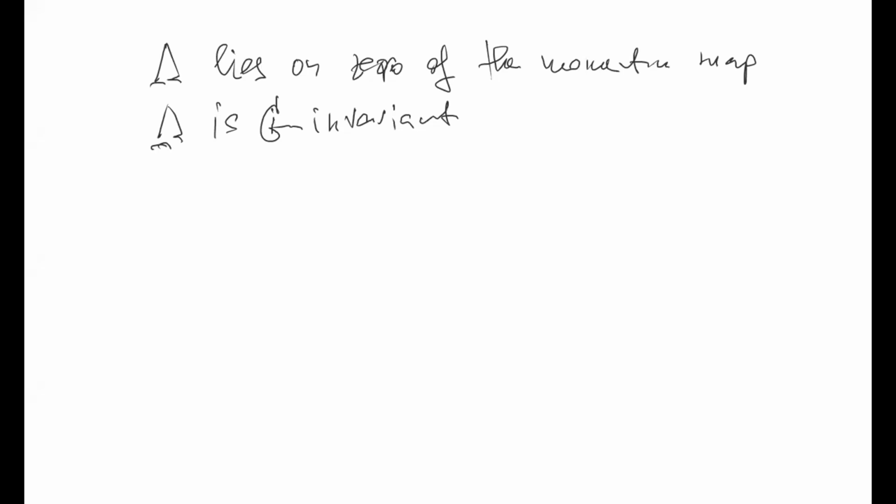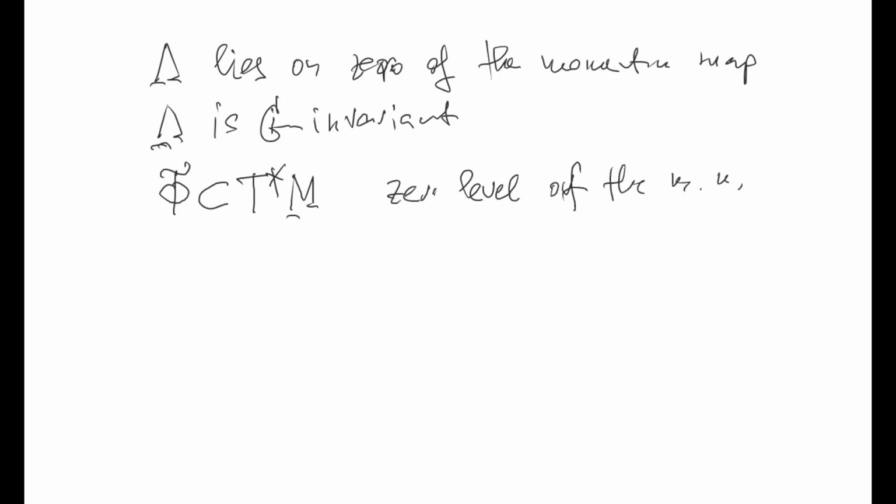Assume that, so let phi in T star M be the zero level of the momentum map, and phi naught the set of weakly regular points.